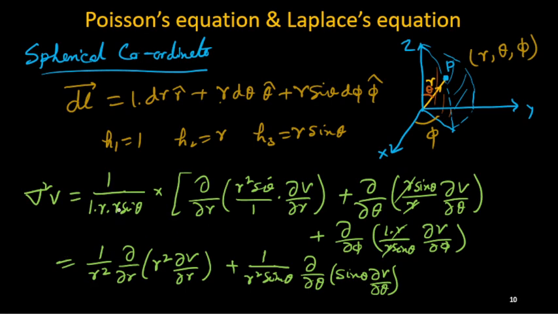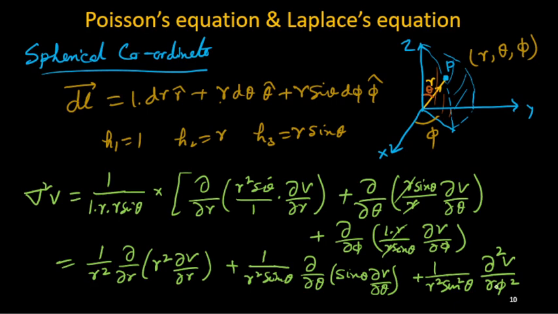So it is again 1 upon r² sine²θ, because sine theta and sine theta become sine squared theta, and there are no scaling factor terms here, so I can write ∂²V/∂φ². So this is the Laplacian operator for the spherical coordinate system.